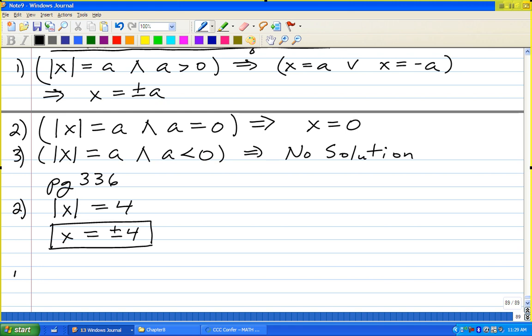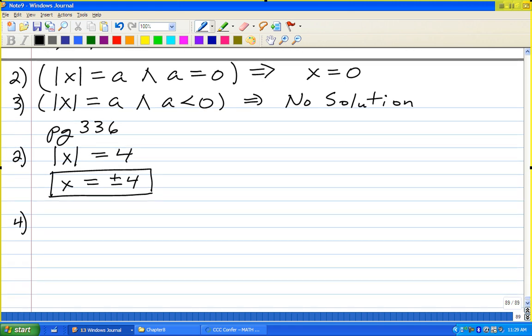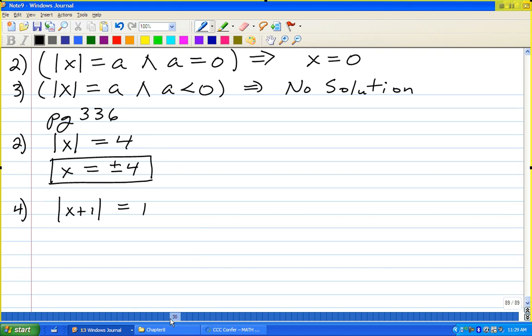Let me do problem number 4. The absolute value of x plus 1 equals 1. Well, x plus 1 is either going to equal 1 or negative 1. So let's subtract 1 from both sides of my equation in order to solve for x.